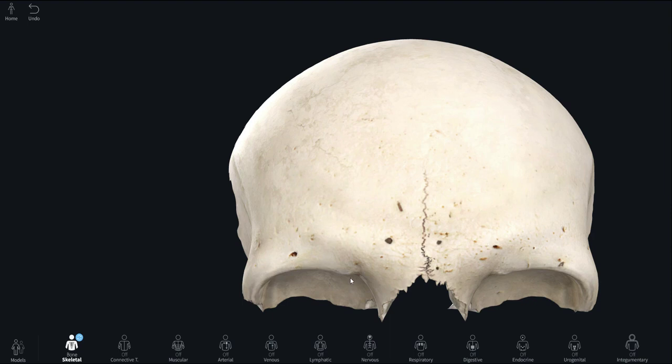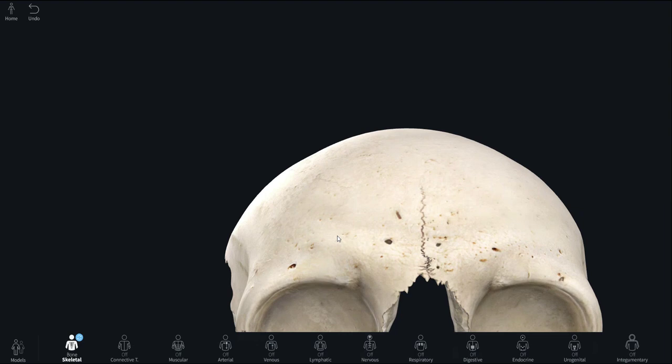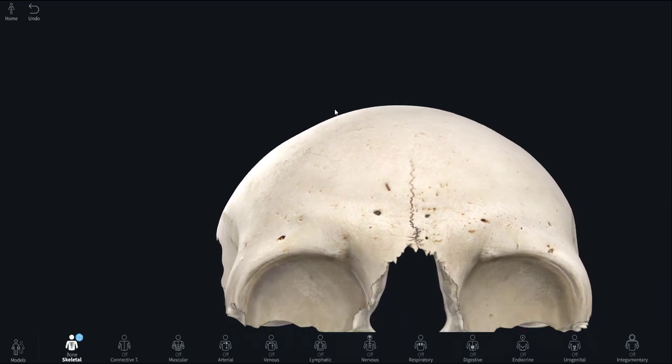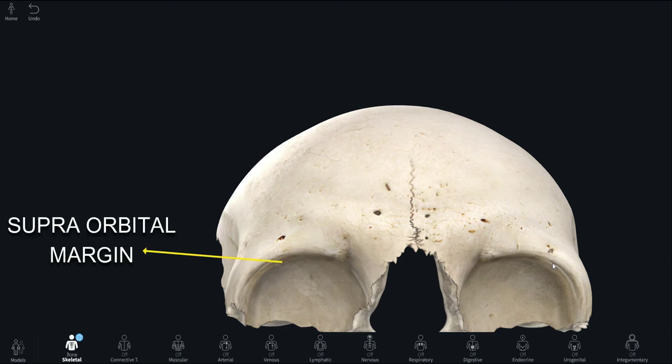The other thing which I would like all of you to appreciate is these borders, the upper borders of the orbital plate of the frontal bone. You can make it out, it's very prominent, right? These borders are what we call the supraorbital margin.